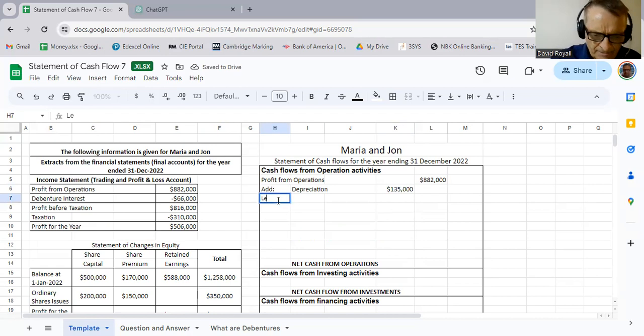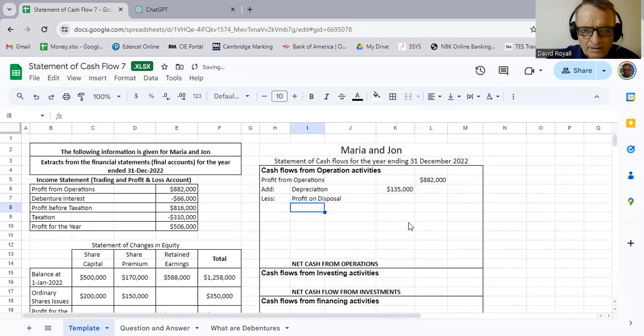But we disposed of an asset at a profit, so the profit on disposal can come off. We're going to take that out because we put it in as a profit, but it didn't come in the form of cash.